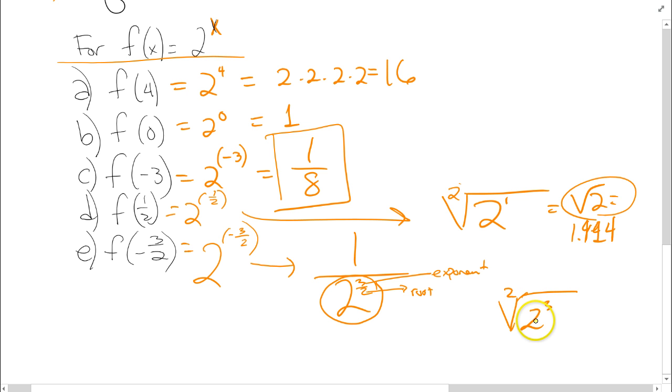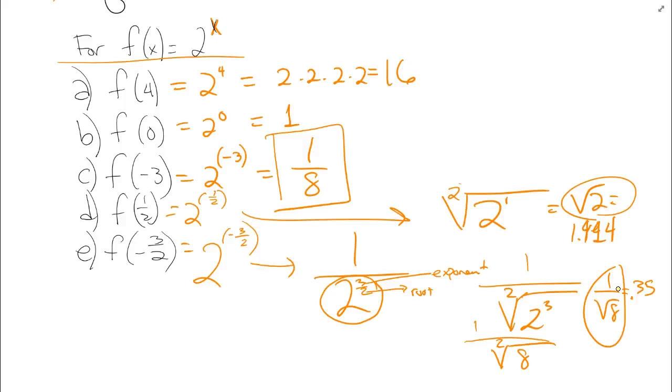Simplifying, 2 times 2 times 2 is 8. And I'm still taking the square root, so the square root of 8, and this is still part of a fraction, 1 over the square root of 8. Turns out it's about 0.35, but this is the most precise answer. We'll talk about getting square root signs out of denominators. That's called rationalizing the denominator, but I will continue with the main exercise right now.